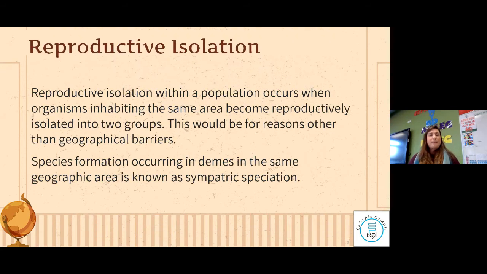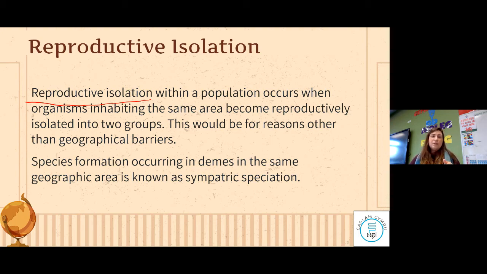So let's look at these. The first one can be reproductive isolation. Reproductive isolation within a population occurs when organisms living in the same area become isolated into two groups. This is not talking about geographical barriers, so we're not thinking about the tortoise example now.